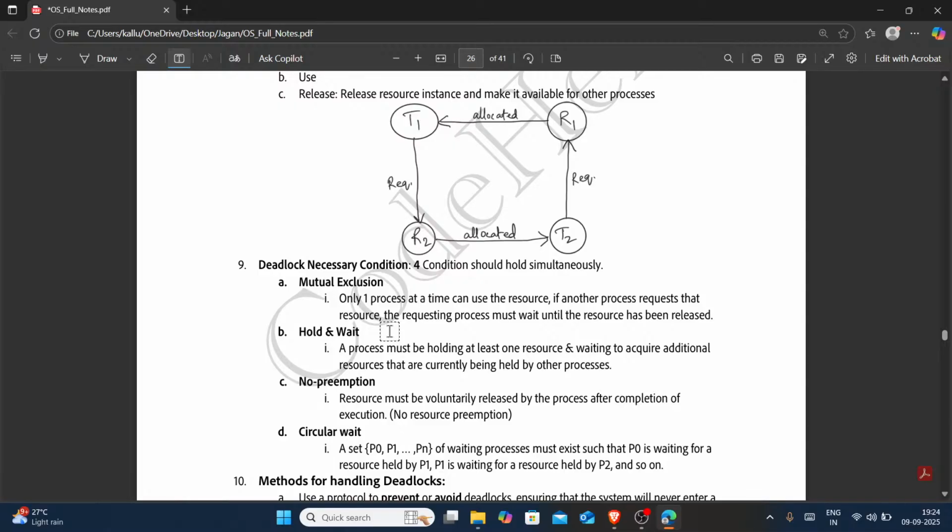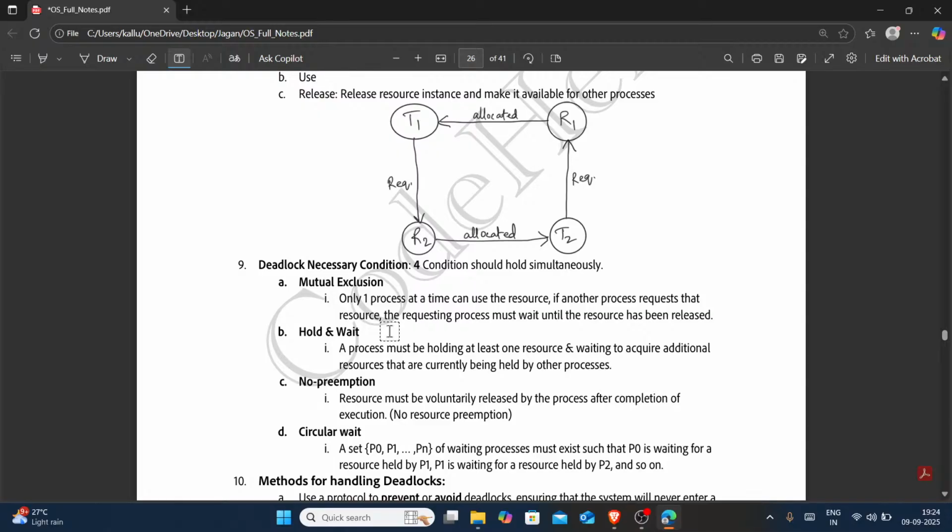Even if these four conditions hold simultaneously, there may be a case where deadlock never happens. So if deadlock happens, these four conditions will be there, but the converse is not true.